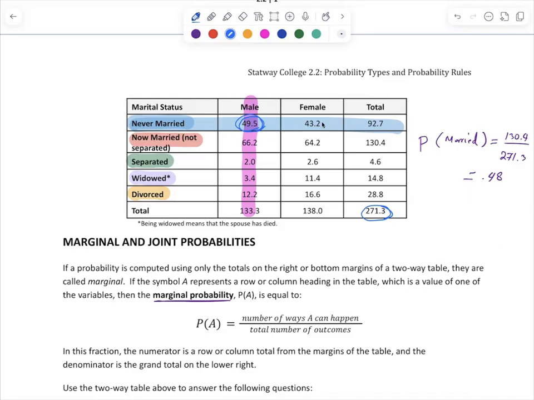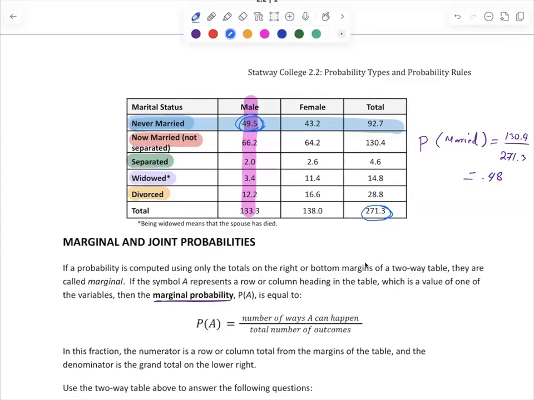So please answer the following poll. The probability of being a female and married. Which one is a correct joint probability, everyone?